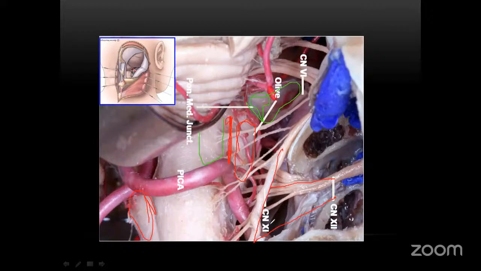And these are the safe entry zones which we previously discussed, found by the vago-hypoglossal triangle. It is a little bit downward. The content of this vago-accessory triangle is the 12th nerve. So you should be clear about that. This is the olive. Okay. Are you clear? Yes, sir.